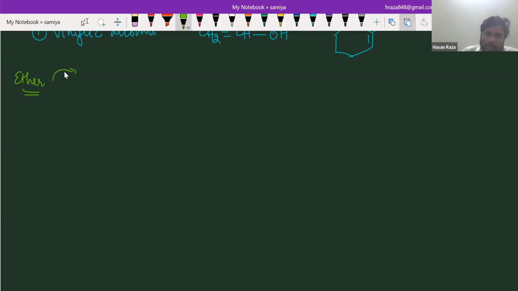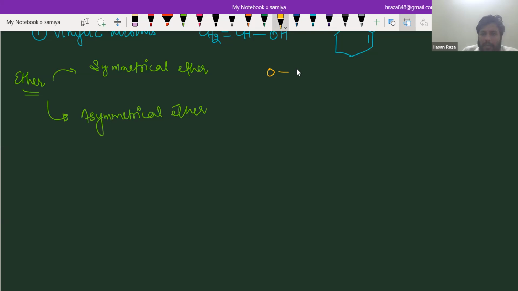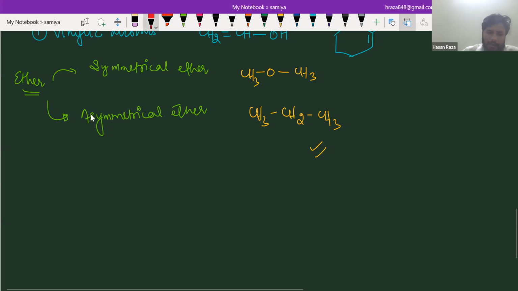As I already told you, it is of two types: one is symmetrical ether and another is asymmetrical ether. Symmetrical ether means the same alkyl group on both sides of oxygen, and asymmetrical ether means different alkyl groups on both sides of oxygen. This is the difference between symmetrical and asymmetrical ether. So please write it.